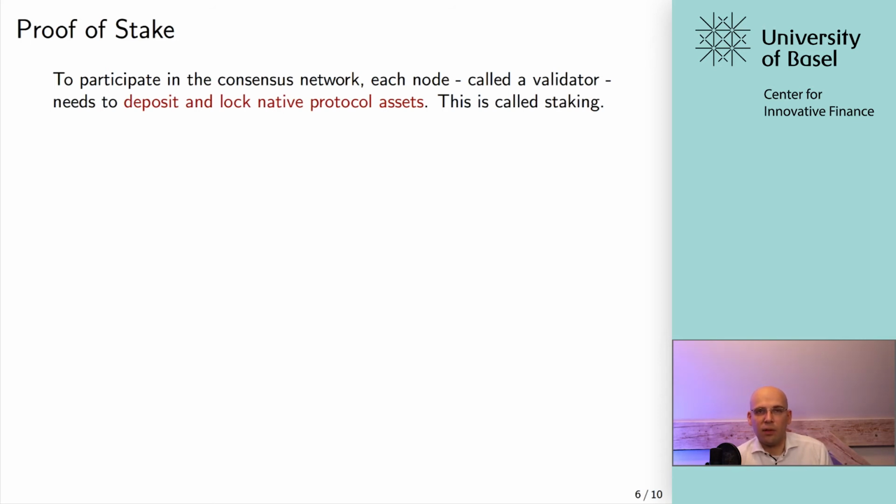That's where the naming proof of stake comes from: you deposit your native protocol assets as a stake, as collateral, in order to get some say in the system, in order to be able to create new blocks.